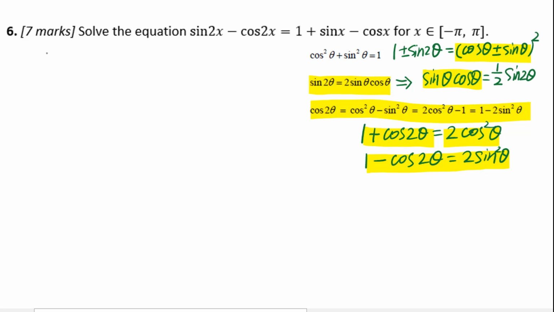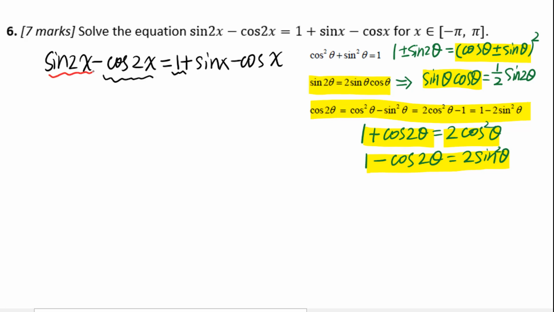For the equation, we write down sine 2x minus cosine 2x equals 1 plus sine x minus cosine x. For this sine 2x, no doubt we will change it into 2 sine x cosine x. We need to put this cosine 2x and 1 together so that we can use either this form or this form.